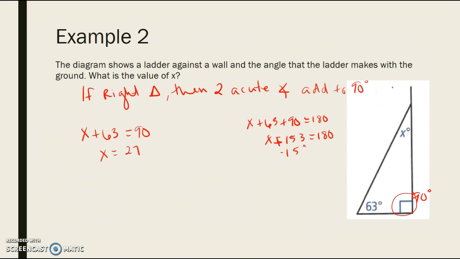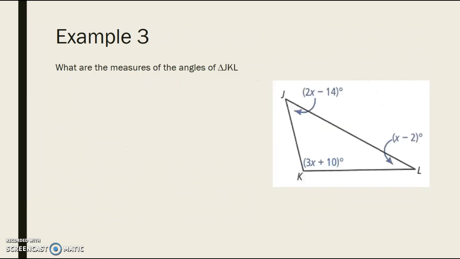Subtract your 153, and we would end up with x equals 27 as well. So either you remember that because it's a right triangle, you can just subtract from 90, or set it up like we set up the last four, add them all up. Just remember that the square is a 90-degree angle, and you can't forget that.